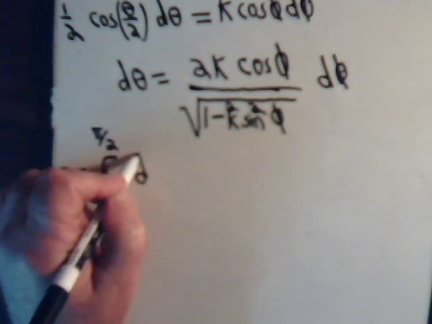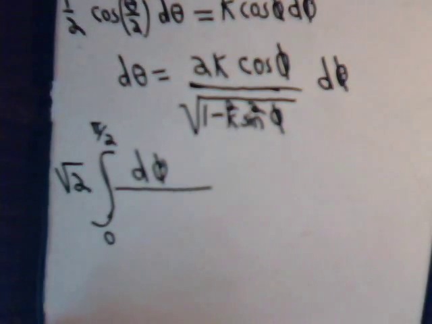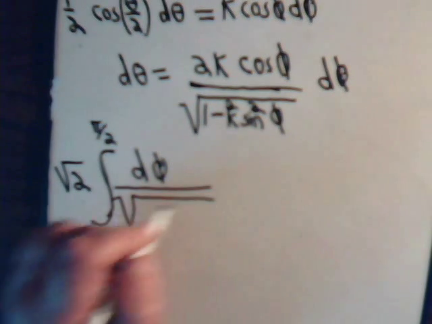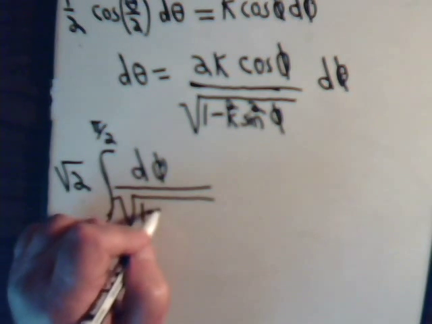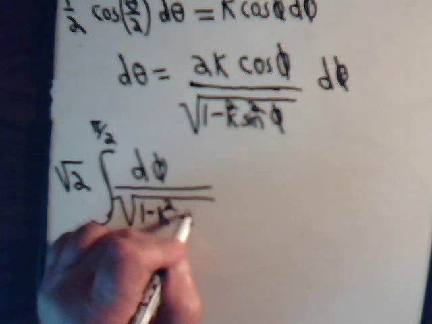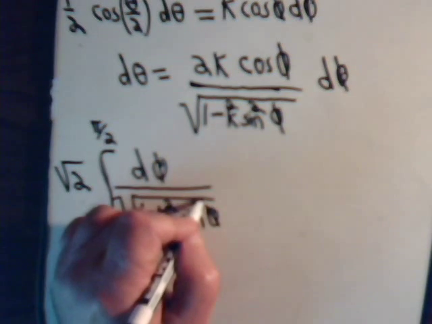So we have d phi divided by the square root of 1 minus k squared sine squared of phi.